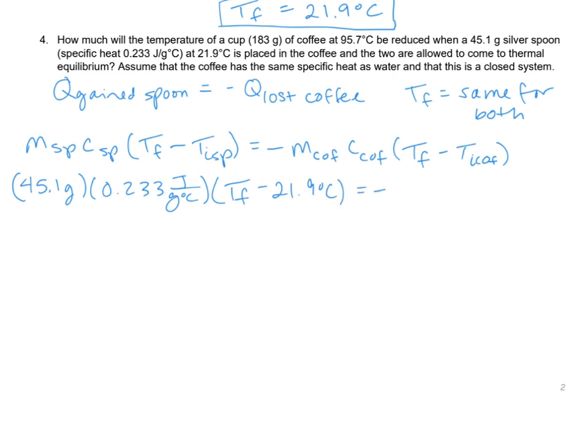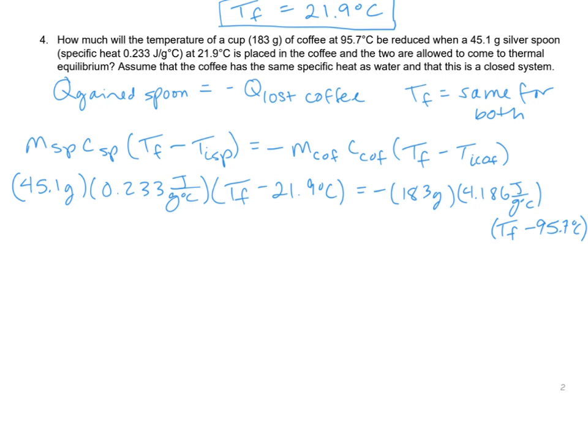And then don't lose the negative sign. The mass of the coffee is 183 grams. The specific heat of coffee we're saying is the same as water, so 4.186 joules per gram per degree Celsius. And then the final temperature, we don't know. The initial temperature of the coffee is 95.7 degrees Celsius.